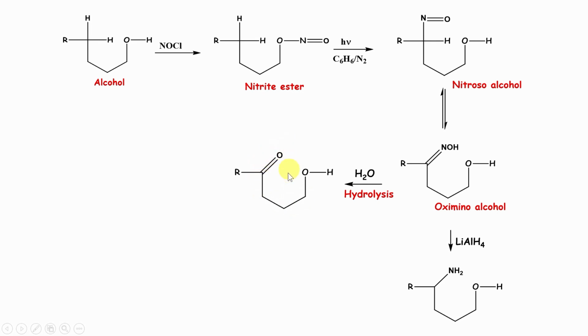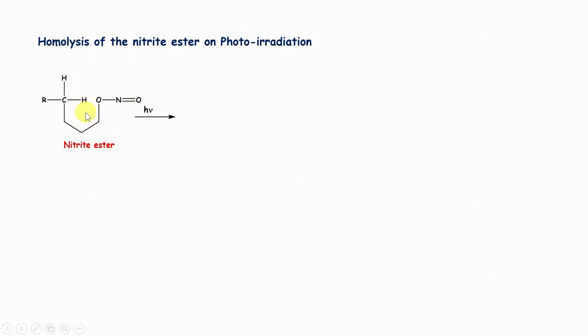It is the corresponding alcohol of this oximino alcohol when it is hydrolyzed. Then when oximino alcohol is reduced with lithium aluminum hydride, we get the corresponding amino alcohol, that is, delta amino alcohol is produced.